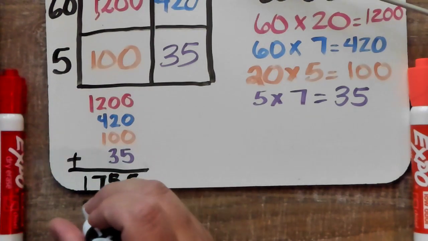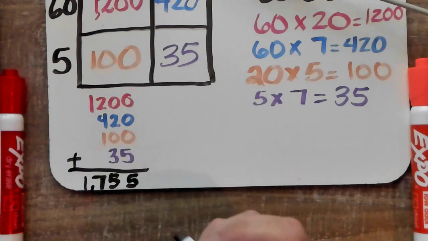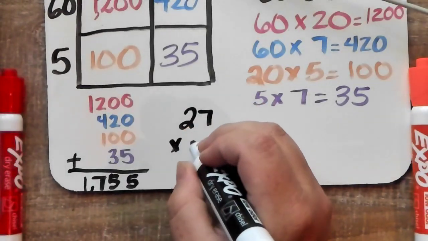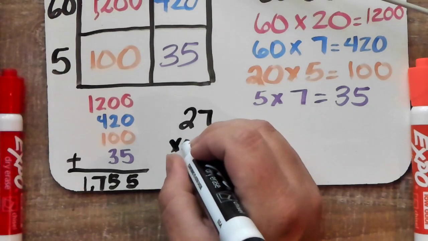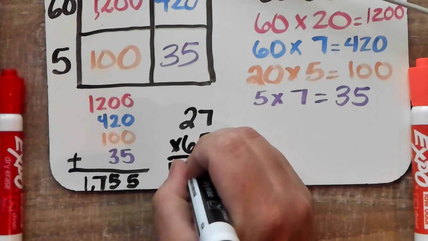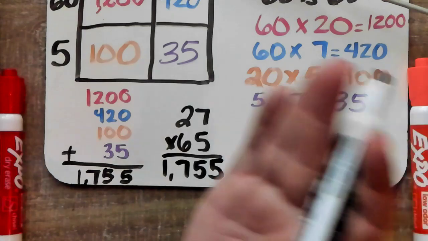So you should have the final answer of 1,755. So the answer to the original problem is the same exact thing you just got using the box method. 1,755. And that's it. This is the box method.